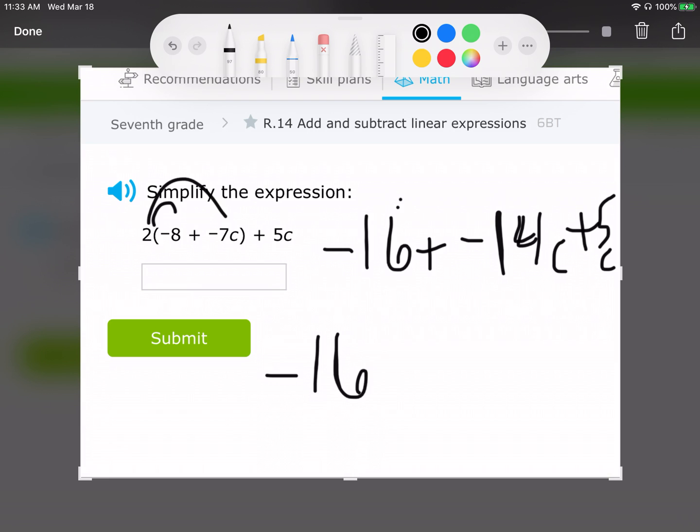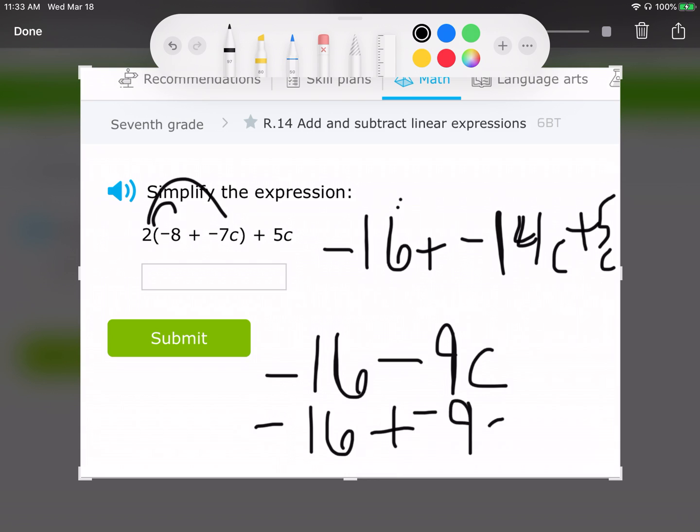This is where I want to use strategies. Think about money: if I owe someone $14 and I have 5, then I'm going to owe them $9, right? Or you can write it as negative 16 plus negative 9. See, that's the same answer. With a number line, you're at negative 14 and you go 5 towards 0, so you're at negative 9.